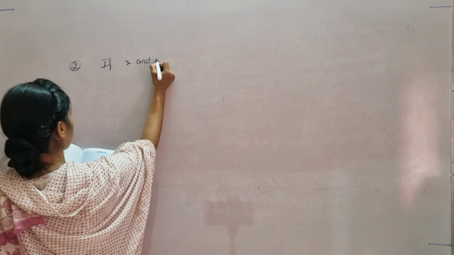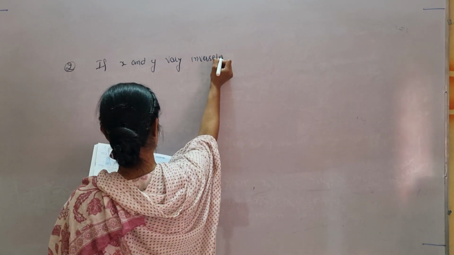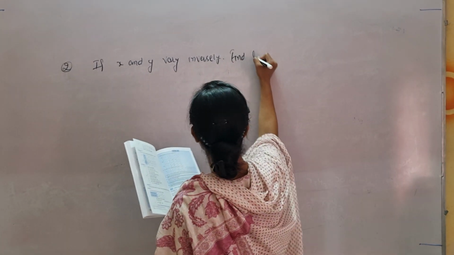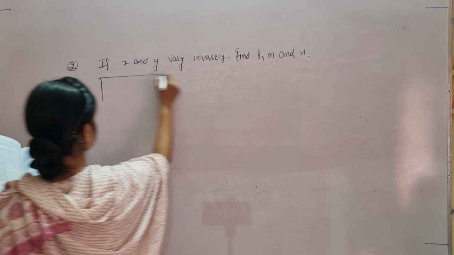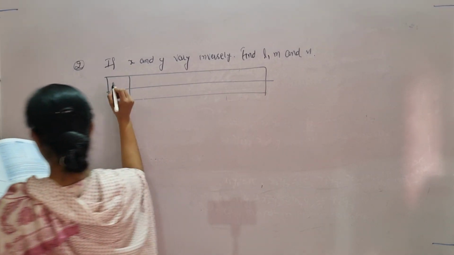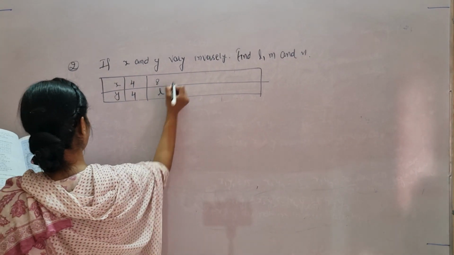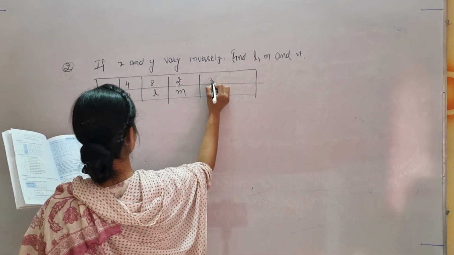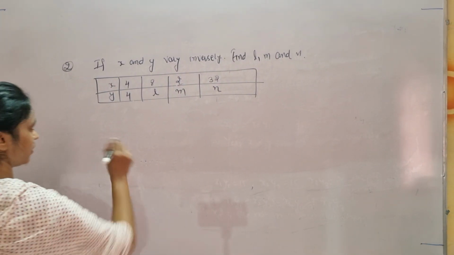If x and y vary inversely, then find L, M and N. Find L, M and N. The table they have given: X, Y, 4, 4, 8, L, 2, M, 32, N. Okay, so they have given that x and y vary inversely.